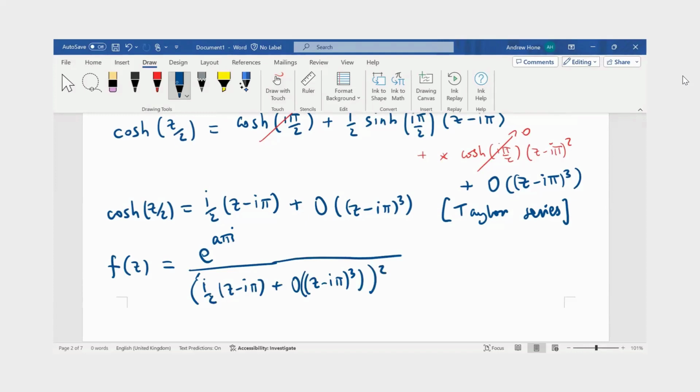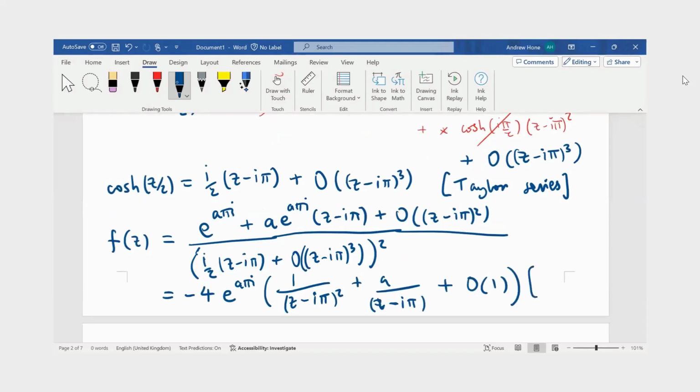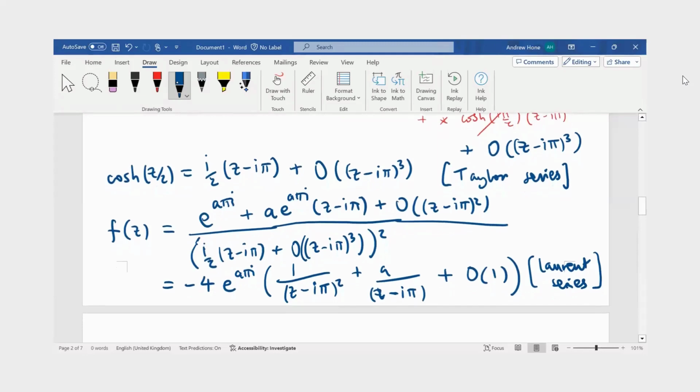And then, okay, let's do the Taylor expansion. There's e to the az, so it's the value, and then the derivative is going to be a e to the a pi i (z minus i pi). This is the Laurent series. Well, now we just want to extract the residue, which is the coefficient of the minus 1 power in here.